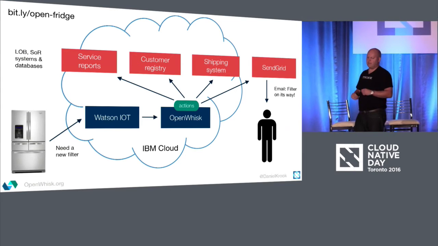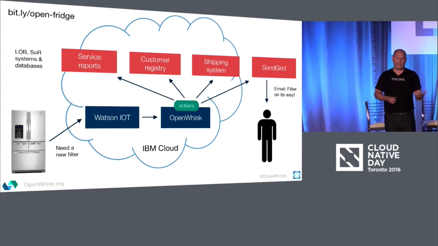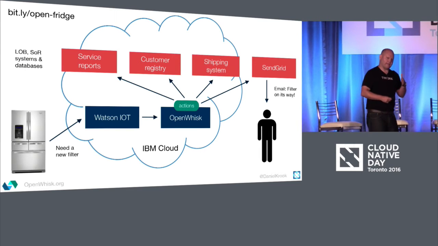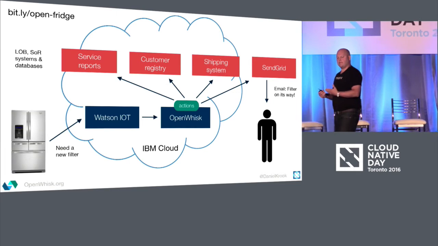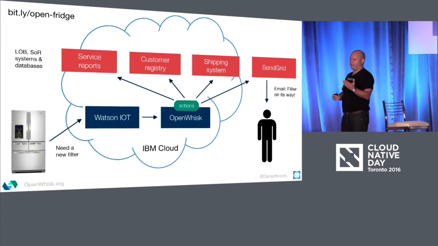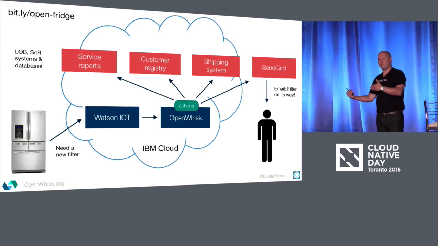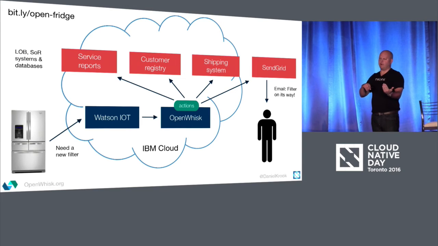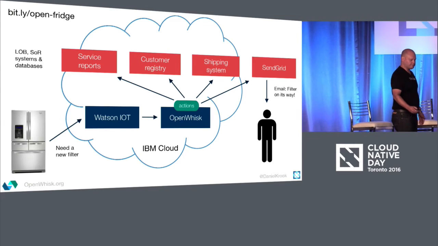So in this example, if that refrigerator needs a new filter, you can have an action that checks to see that it is within a threshold of needing to be replaced, create an order in the database, create a report about that in the database, and another action can then go ahead and check to see if the customer is in warranty and automatically ship the part if they are, notifying them through a push notification or just an email that that part is on its way.